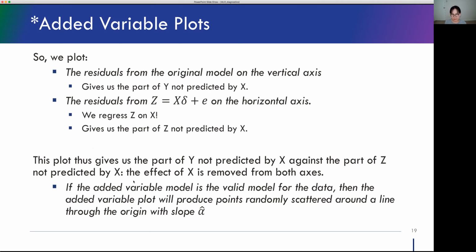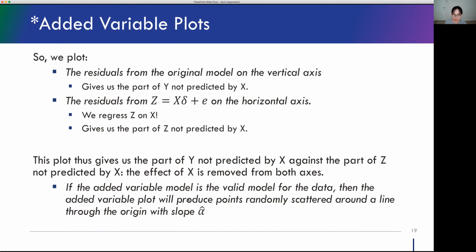And it will give us the effect of x after it's removed from both axes. We remove the effect of x on the y-axis because we plotted the residual, and on the horizontal axis, the residual for z after we remove the effect of x.